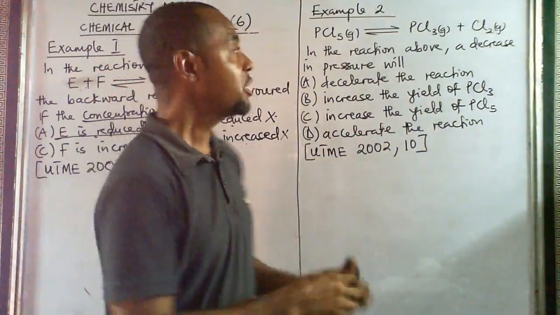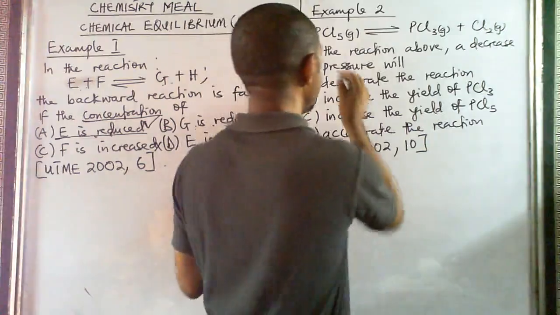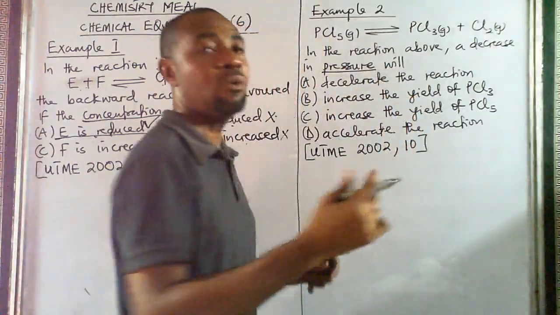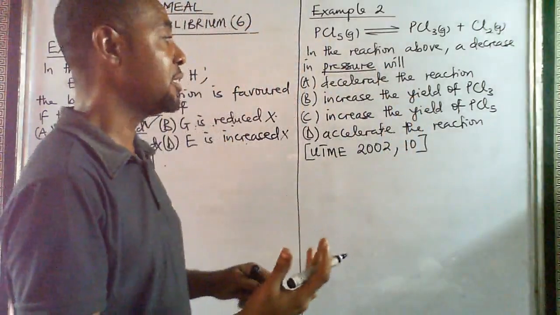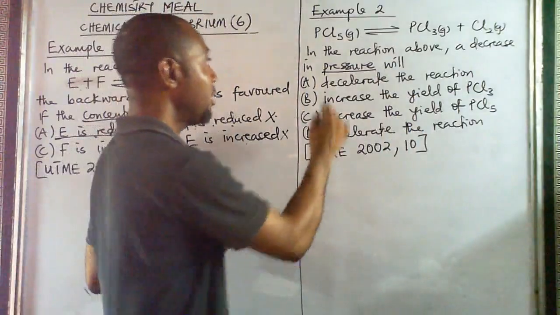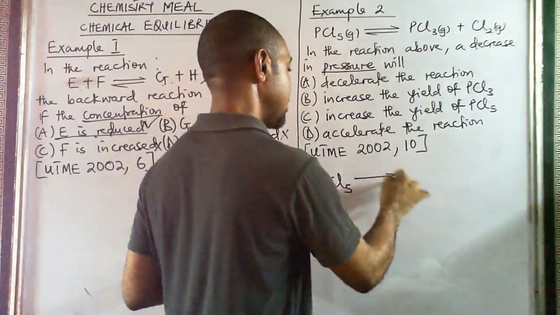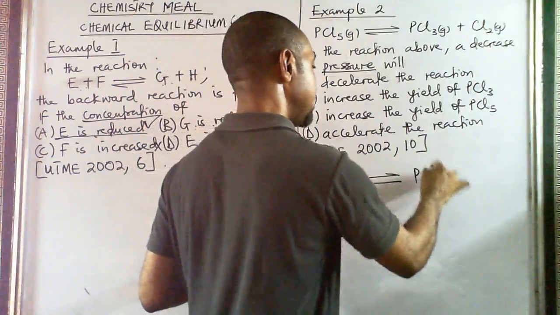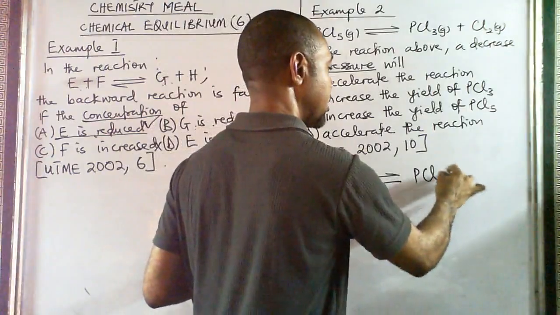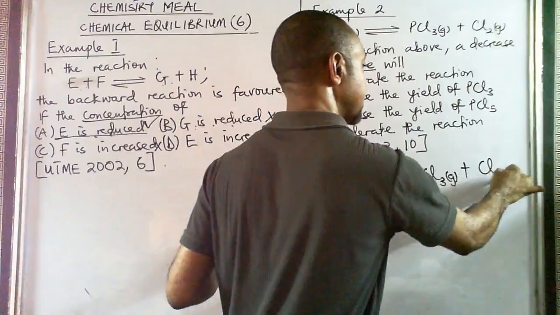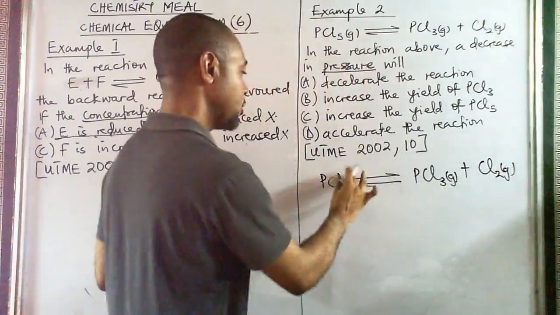Now, since we are dealing with pressure, what will come to our mind is, how does pressure affect a system in equilibrium? Let's write the reaction again. We have PCl5, and PCl3 plus chlorine gas. This is also a gas.